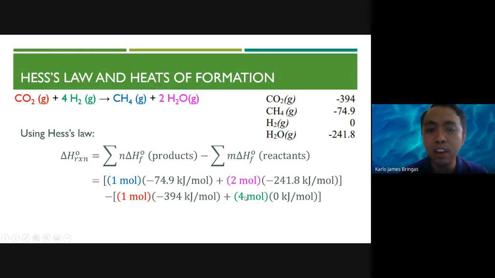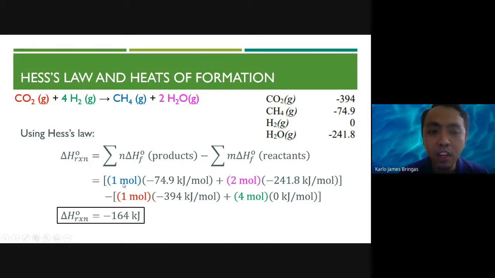That's why I write it here as such. Times heat of formation ni hydrogen na 0. So adding up all of the products together minus the sum for all of the reactants will then give me the delta H for this one.